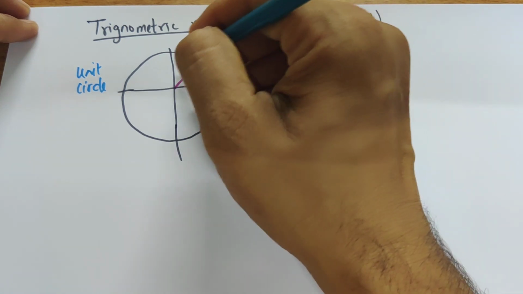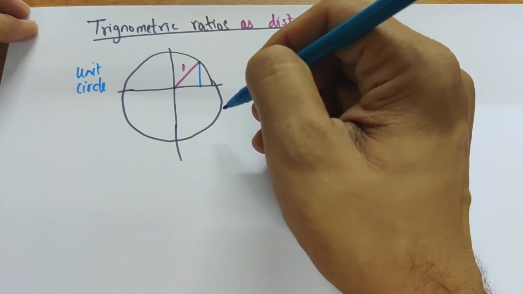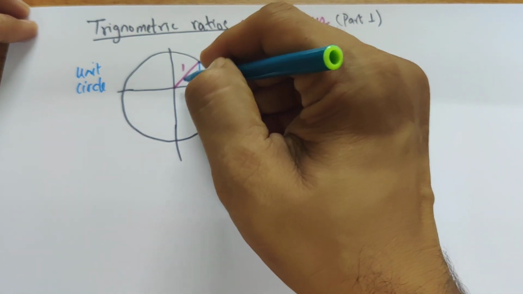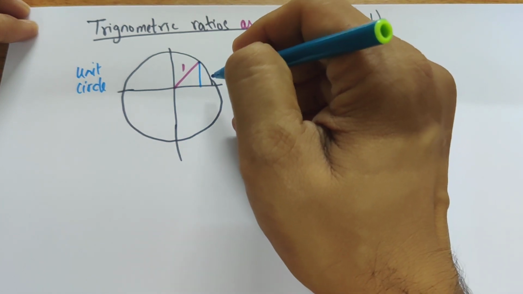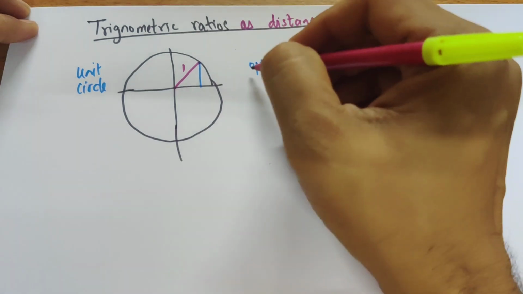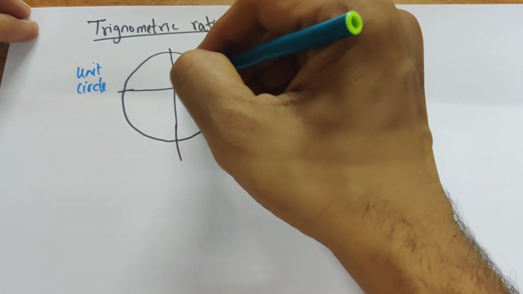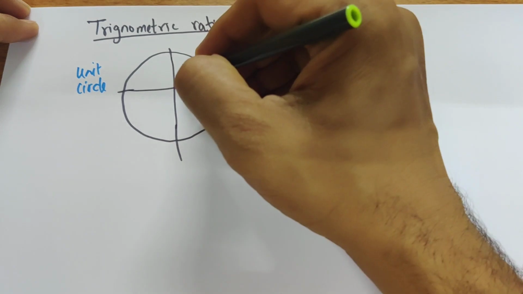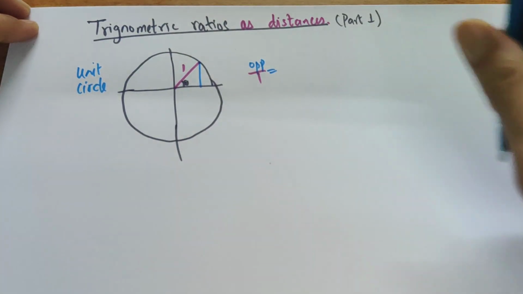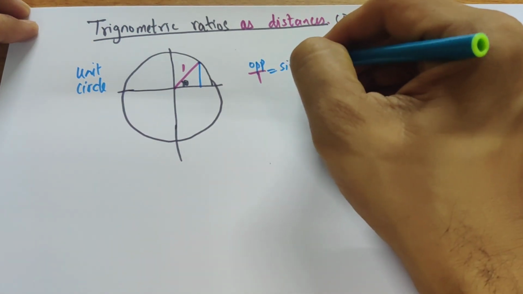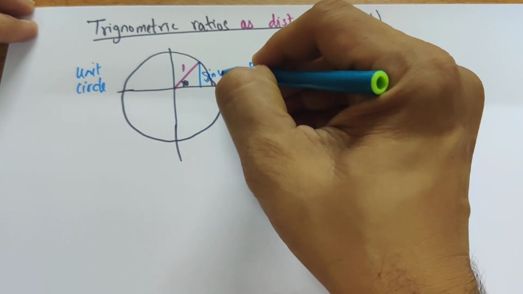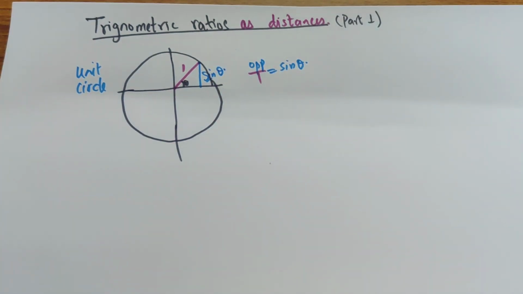So since opposite side by hypotenuse was equal to sine theta, and the hypotenuse is 1, and this is the angle, let's say theta, the opposite side here is sine theta. So that length is sine theta.